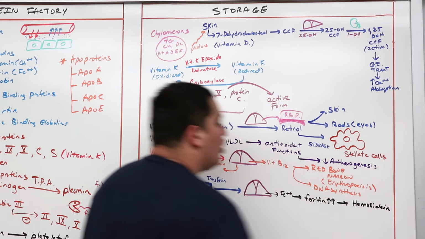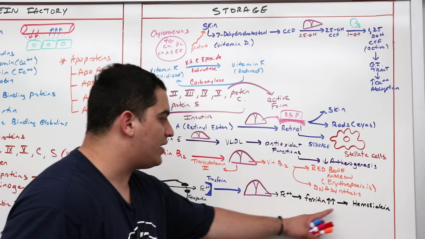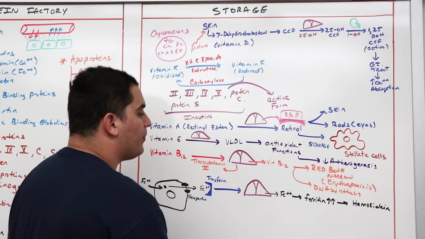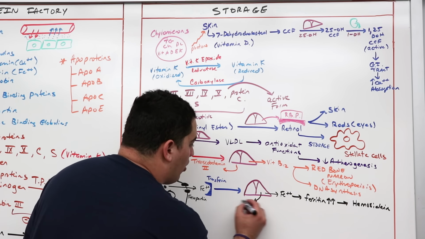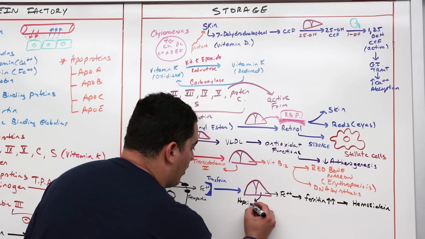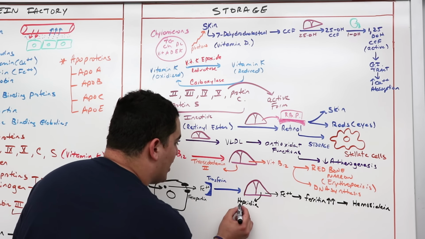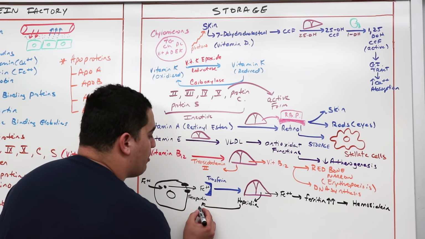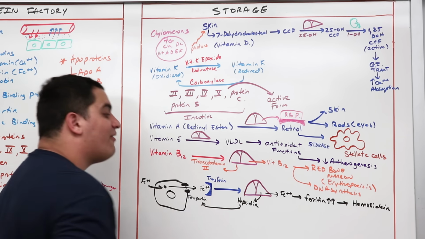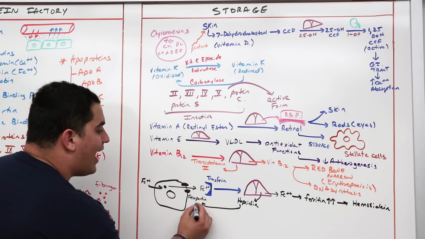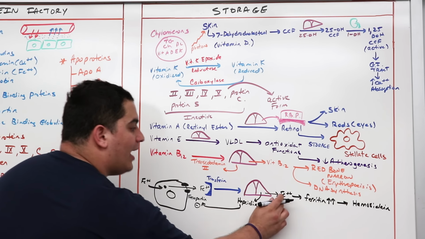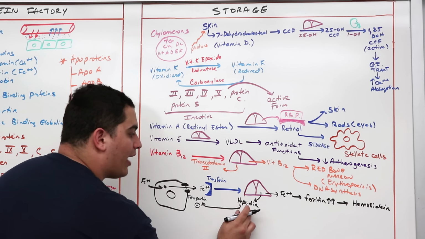This is important because whenever there's high levels of this hemosiderin or high levels of the iron, the liver makes a protein called hepcidin. And then hepcidin, if you guys remember, is responsible for regulating the ferroportin. So if there's high levels of iron, the liver will produce hepcidin.